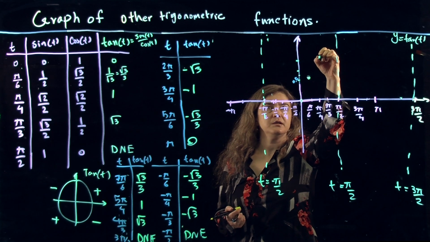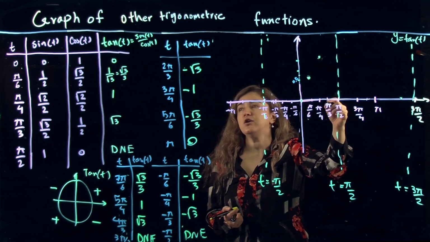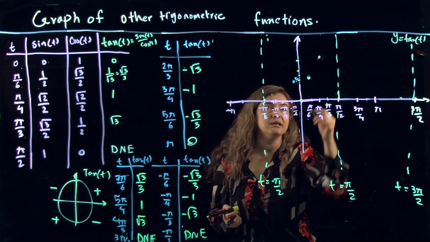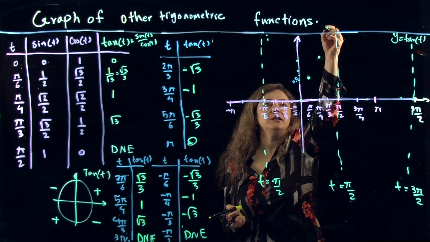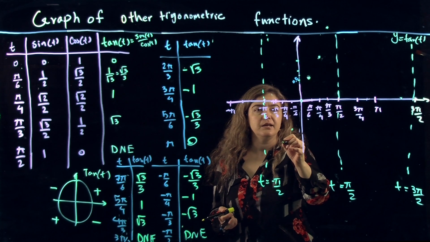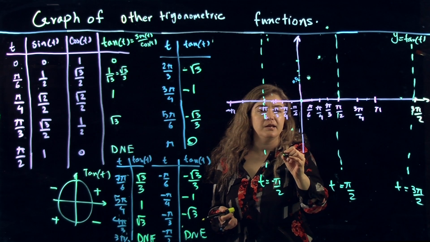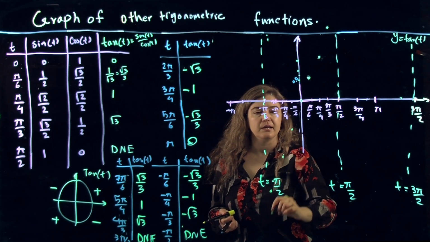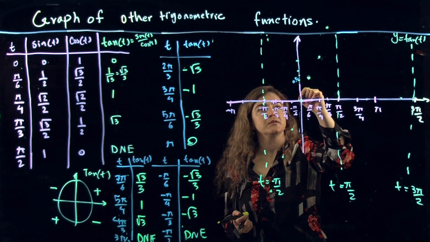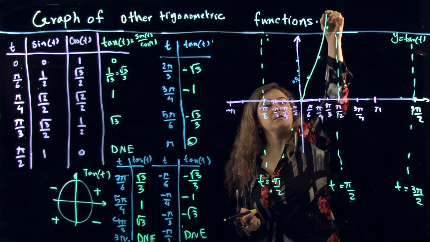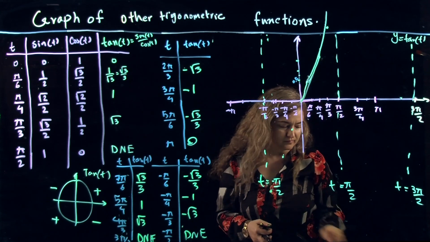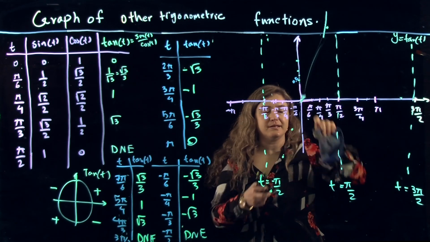And then at pi third, it's going to be 1.7-ish, and over here. And then back again in here, negative, negative, and negative. And it sort of goes like this.